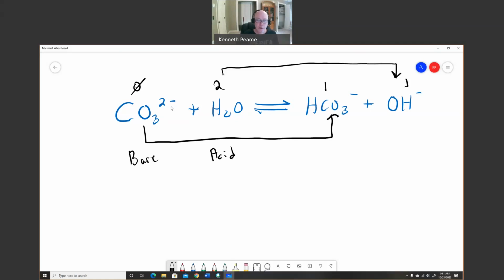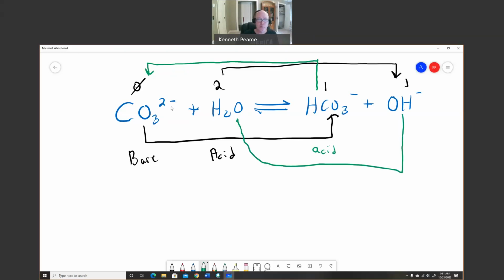Okay, now we've got to look at the other side. And similarly, what we're going to do, and we'll draw this in green, is go from right to left with the bicarbonate to the carbonate, and it loses a hydrogen going from right to left, so we call that an acid. And we can do the same thing with the OH minus going in the other direction, and we go back to the water, and we gain a hydrogen, so that makes the OH minus the conjugate.